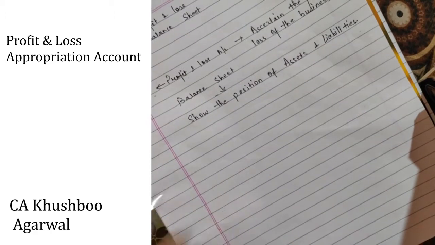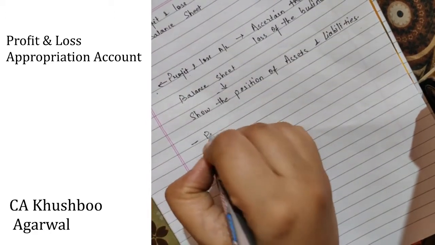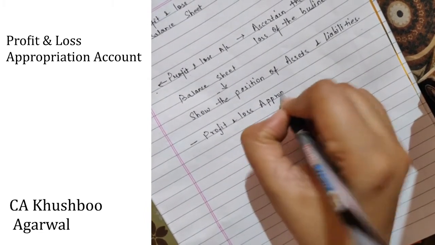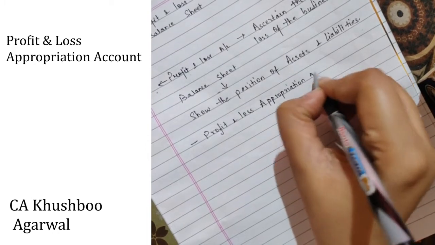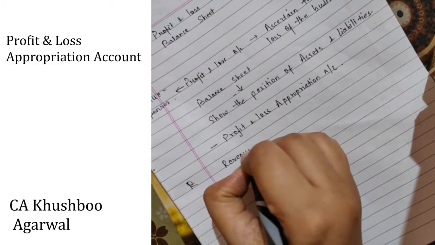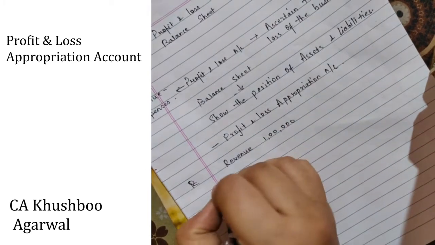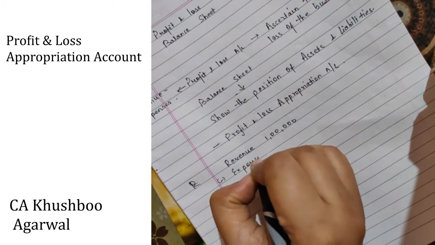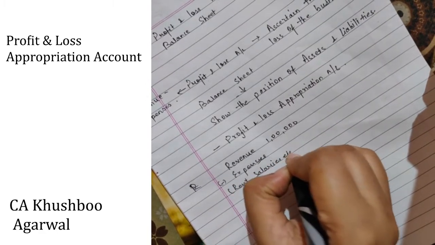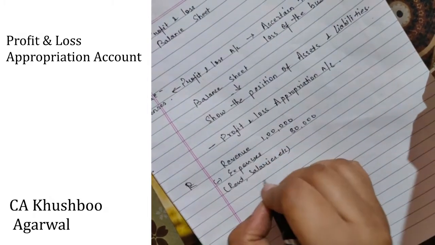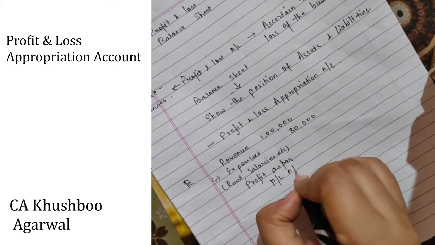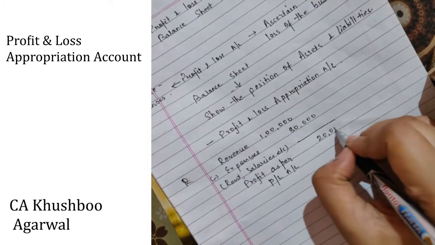In a partnership firm, we prepare one more account, that is the profit and loss appropriation account. Now suppose your revenue for the year was 1 lakh rupees and the total expenses of rent, salaries, etc. was 80,000. So the profit as per PL account will be 20,000 rupees.